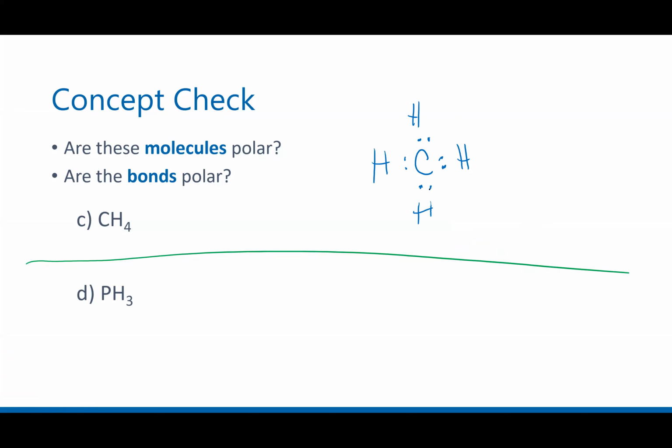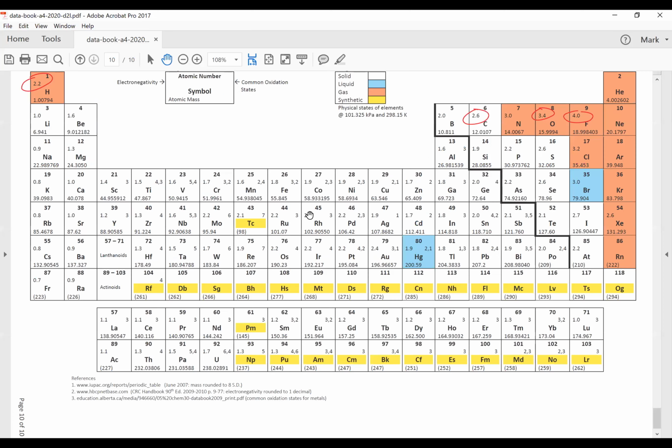Now, the first thing we need to ask ourselves is, are the bonds polar? So we go to our data booklet, which I have here, and we look up C and H. I'm just going to erase some of my colors here. So C is 2.6 and H is 2.2.